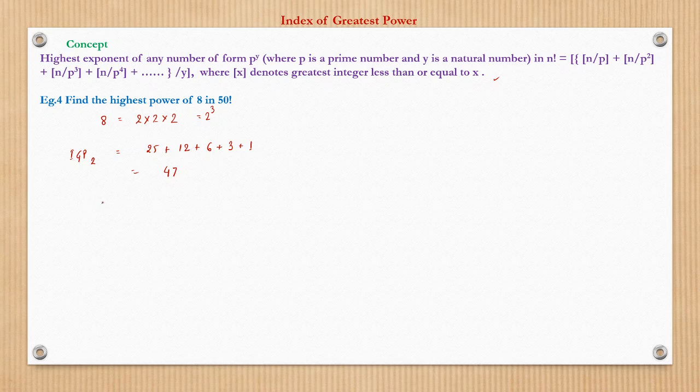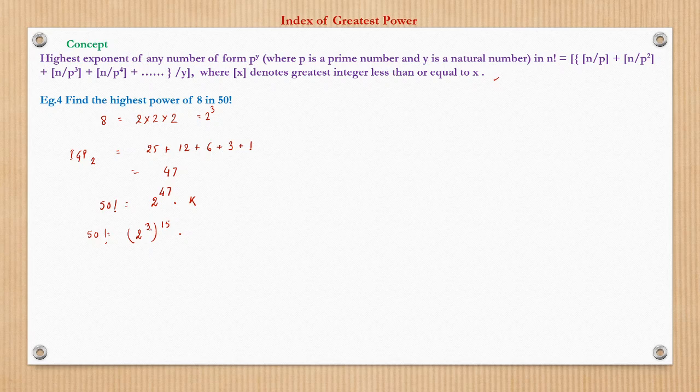So this means we can write 50 factorial as nothing but 2 raised to power 47 into some other number k which does not have any power of 2 or any multiple of 2. Now see, can we not write this as 50 factorial equal to 2 cube raised to power 15?